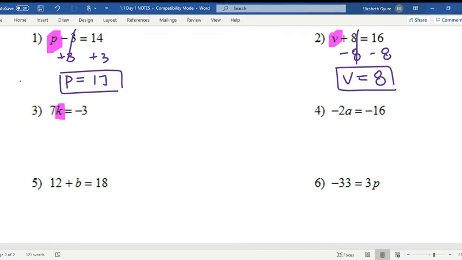You're close. So in order to subtract, you have to have addition. And is there an addition sign there?